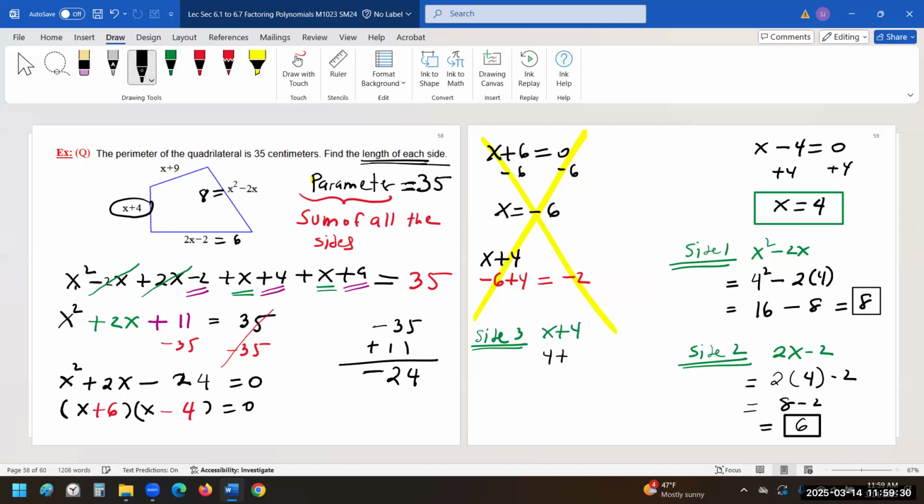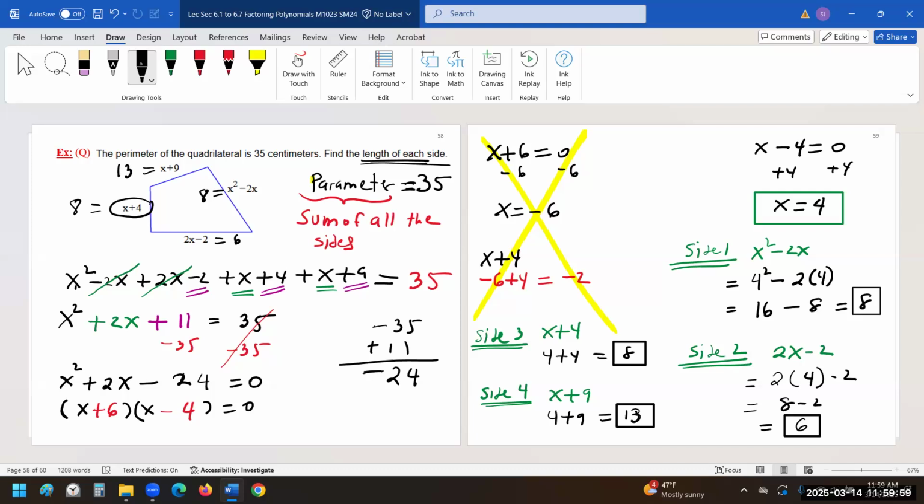So we have 4 plus 4, 8. So this side is 8. And we have the last side, x plus 9. 4 plus 9 gives us 13. So this side is 13.